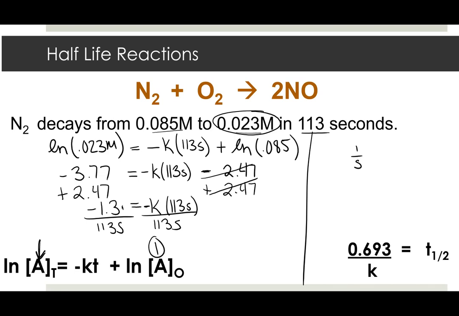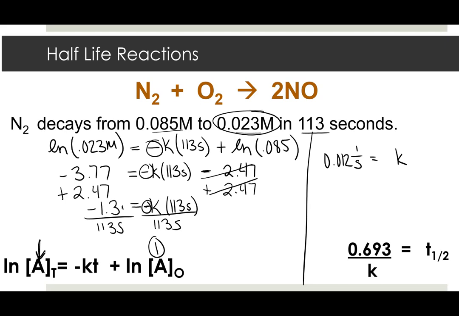I'm going to take negative 1.3 divided by 113, and that gives me negative 0.012. And we still have negative k over here, right? That negative followed us all the way through. Well, a negative and a negative cancel each other out, so this is just positive numbers.